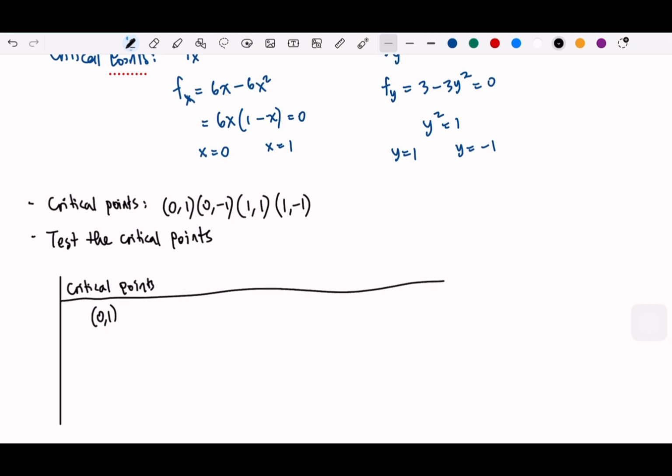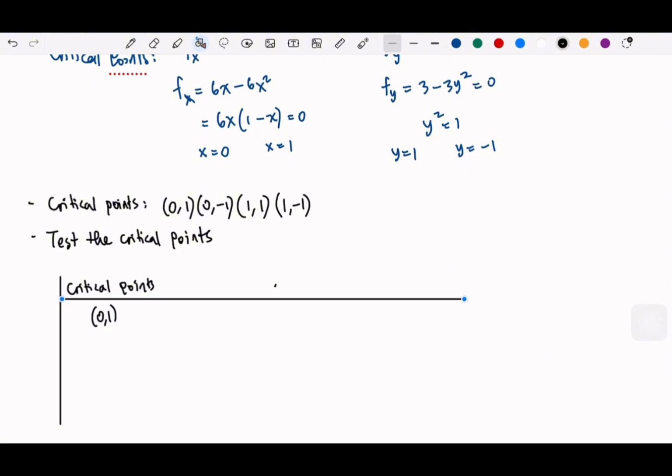And then we are going to use the second derivative test, which sometimes we name as the D. So D is basically partial xx, partial yy, minus partial xy squared. Okay. And what we need in D is not the value, but the sign, whether it will be positive or negative. So no need to compute the number.